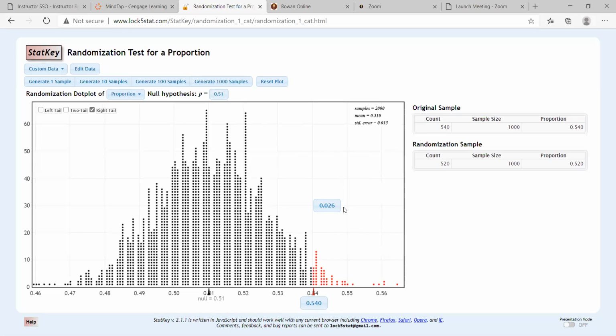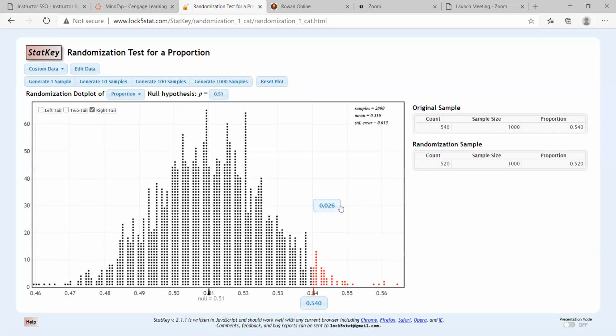If we selected originally alpha as 0.01, we would say at the 1% significance level, there's not enough evidence to reject the null hypothesis that p is equal to 0.51. So this is the way most researchers do their research. It sounds strange, but that's what they do.